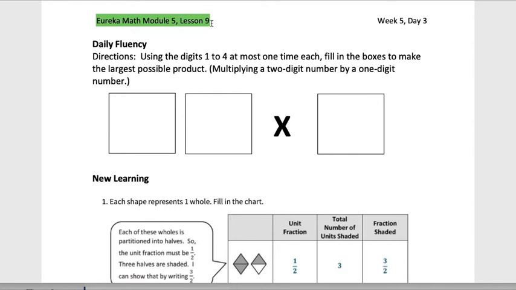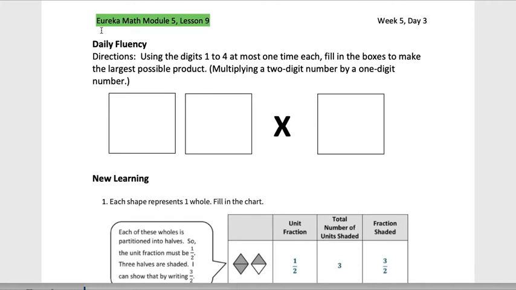Now, this is really like outside thinking. So you have to use a digit from 1 to 4, and you can only use them once in these boxes. This is something that you can try on your own. All right, there's no right or wrong answer per se.